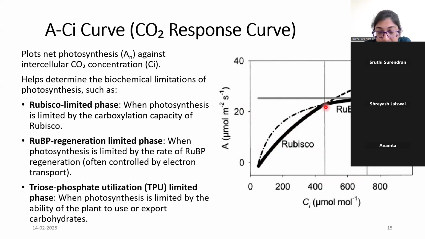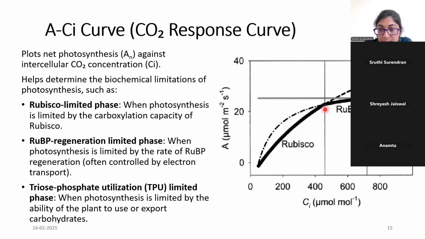So here there is a transition from a steep slope to a flat line, which we call the asymptote.